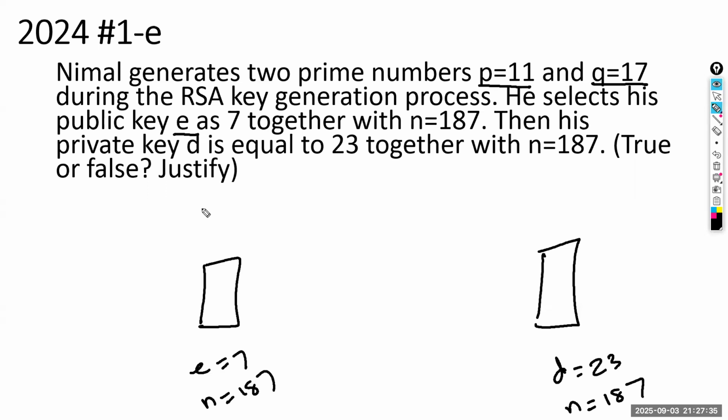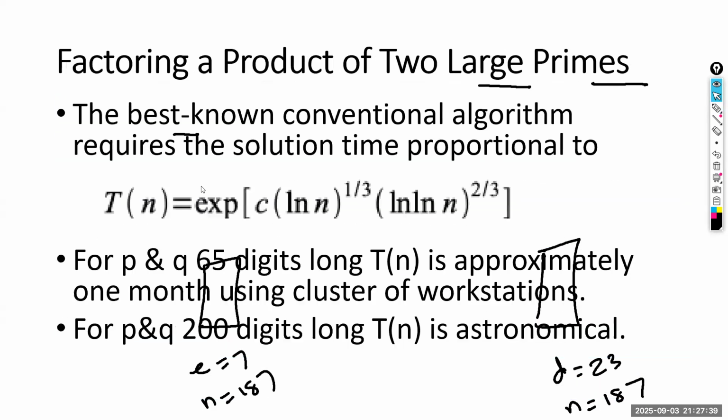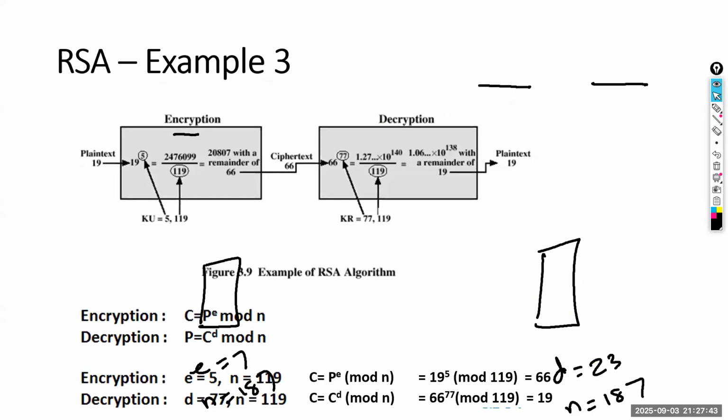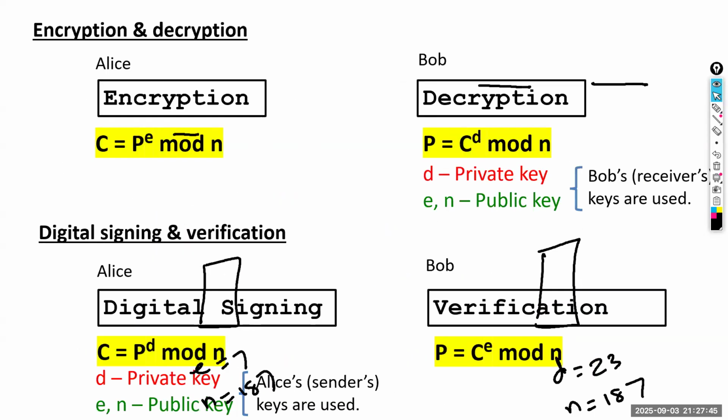So remember the formulas. C equals P to the power E mod n.